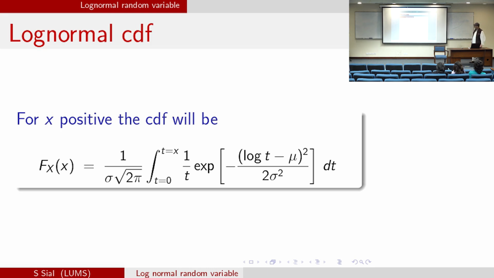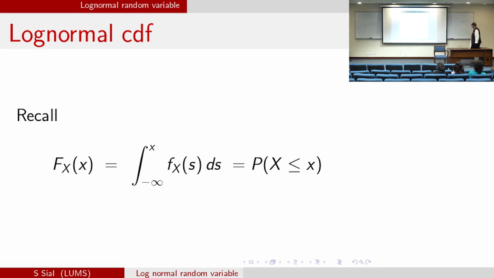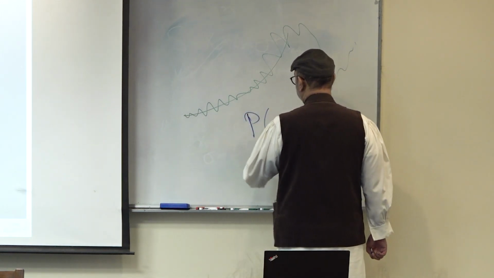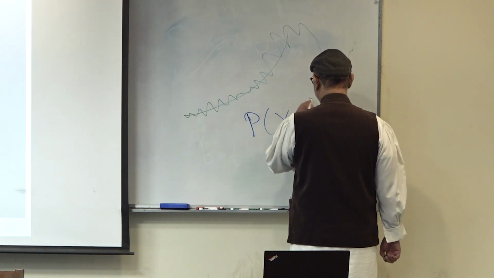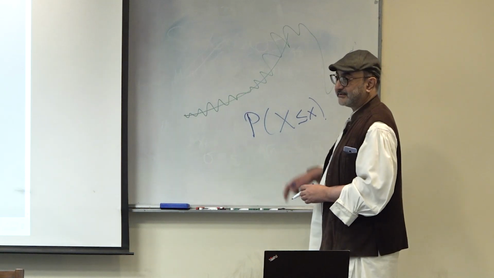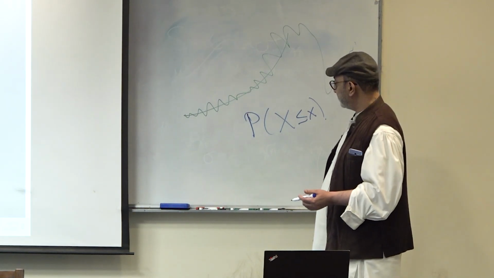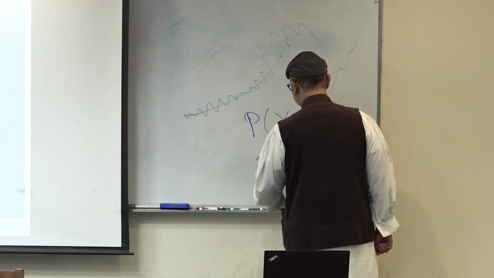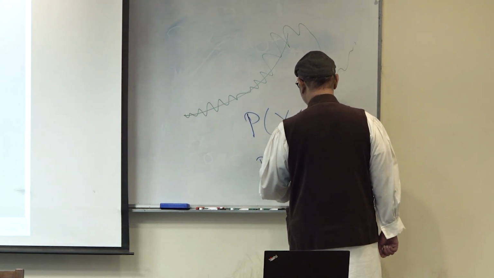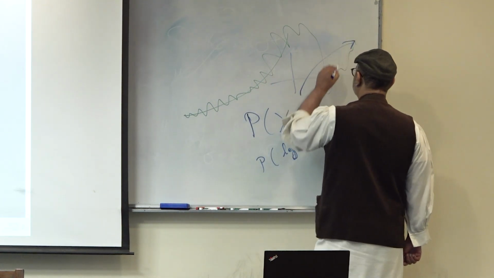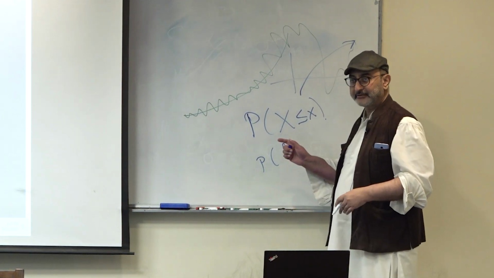So if you wanted, the probability that x is less than or equal to x, for x positive, is also the probability that the logarithm of x is less than or equal to log of x, because logarithm has this behavior: it isn't oscillating, going up and down.